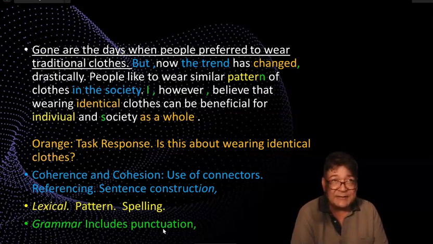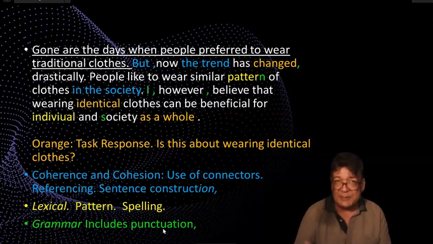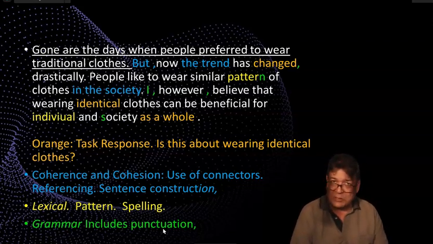We don't need in the society. Lexical pattern, and then spelling matters. Several times, I think it's actually just twice, you misspell the word individual. And grammar includes punctuation, which I have talked about already. So keep those colors in mind as we go forward. Now, the next paragraph. Oh boy, we needed the whole slide for this one.